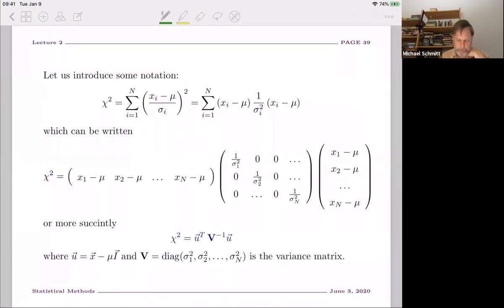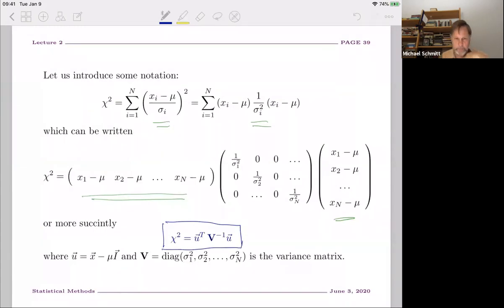Now, we can also generalize this in the following way. This is the same expression. I just write it in the silly way because what I really want to do is to construct a matrix, which is the inverse of the covariance matrix. And then I want a column vector here and a row vector so that in the end, I can write my chi-squared in this compact form.